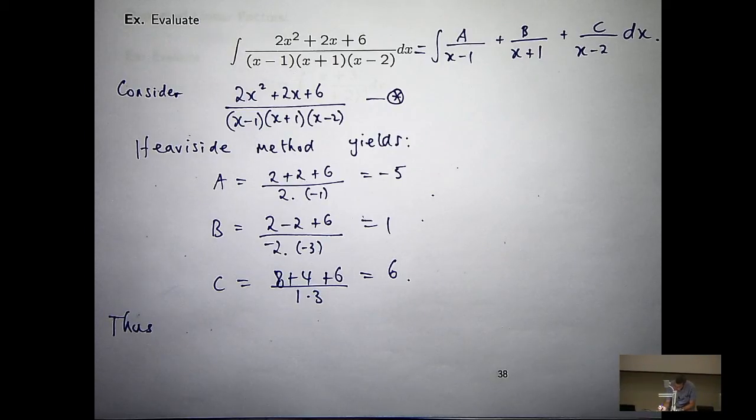All right, so we know just from the structure, in the top right-hand corner, we're going to get logs in our answer. Okay? So logs are going to come up in our answer.